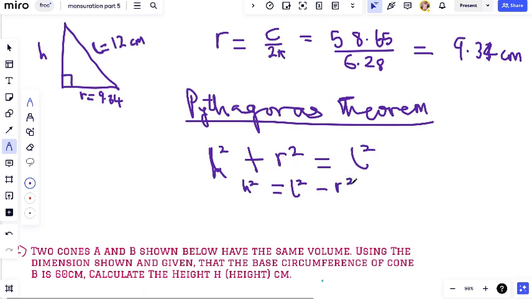So we just put the value. L square is 12, so we say 12 square minus R, which is 9.34 square. That will give us our h square, and then we find the square root.